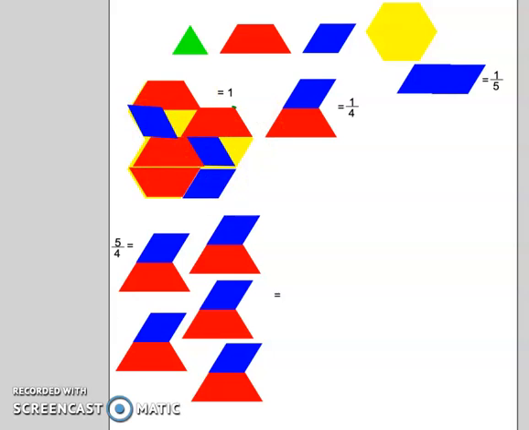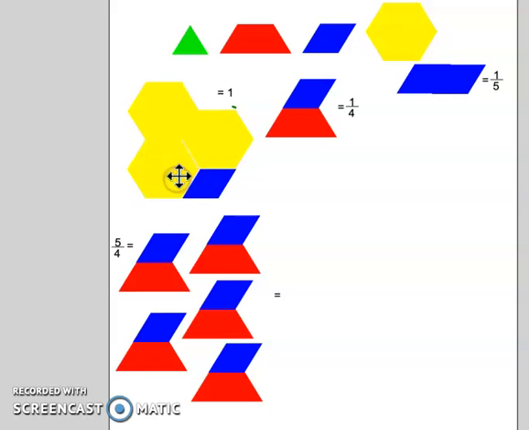I erased all of the markings here in my whole, and I'm going to delete these pieces. And then what I want, no, that one doesn't get deleted. What I want to show you is that we want to show both addends in all of our models, any of our models. So we can take our 1/4 and make 5 of them to make 5/4.